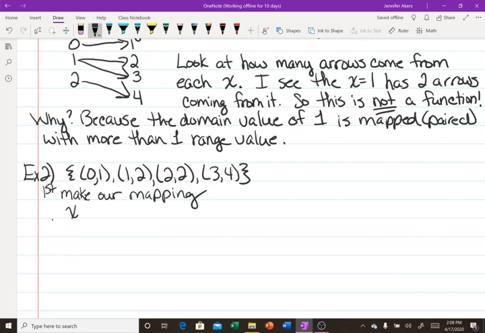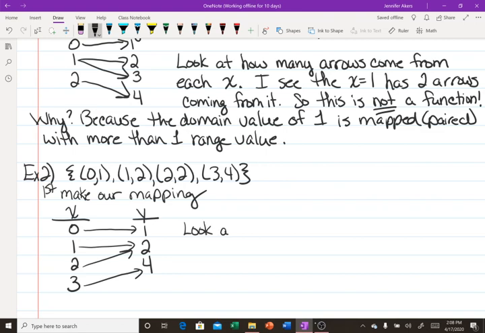We're going to have our x values, our y values. We have 0, 1, 2, 3. We have 1, 2, No, not 3. 1, 2, 4. 0 maps to 1, 1 maps to 2, 2 maps to 2, 3 maps to 4.